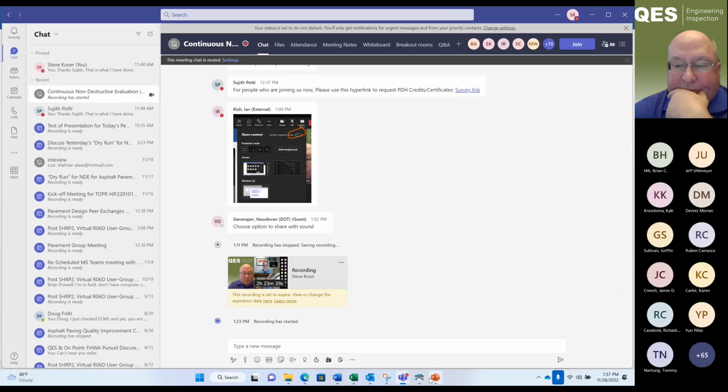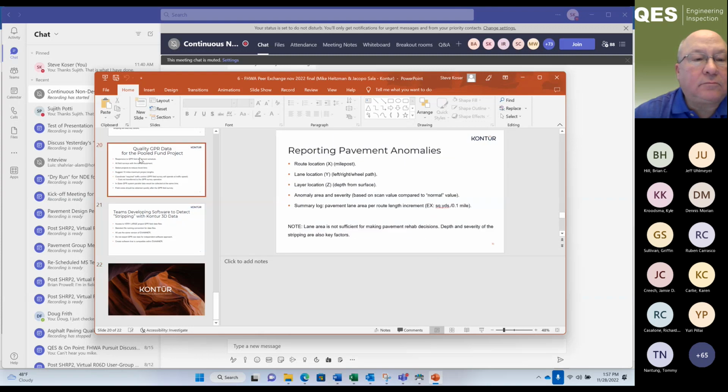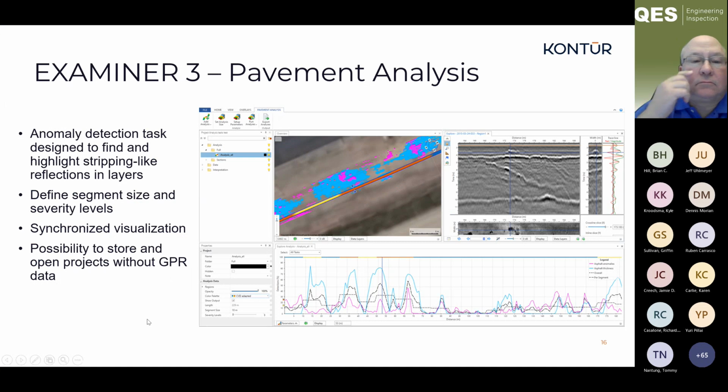So ideally, this is exactly where we hope to end up with software that tells you, okay, these are the areas with anomalies or with stripping. But the pooled fund study will also be able, in our view, to validate and verify the accuracy of these predictions and give some thresholds, some limits, whatever range. Ideally, this will be something that we end up backing with verification, with validation, and also with some standards that tell you this is what's going to happen.